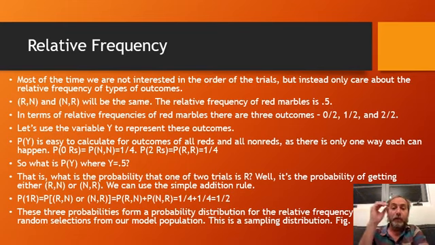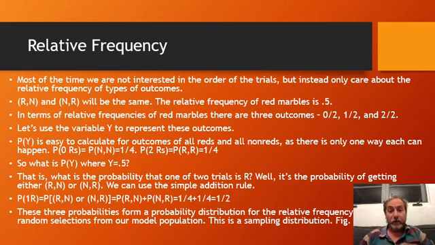So let's use the variable y to represent these different outcomes, right? These 3 possible outcomes here of different relative frequencies of reds. So if you want to calculate P(y), the probability of each of these relative frequencies of reds, it's pretty easy to calculate for two of them, because there's only one way each can happen.